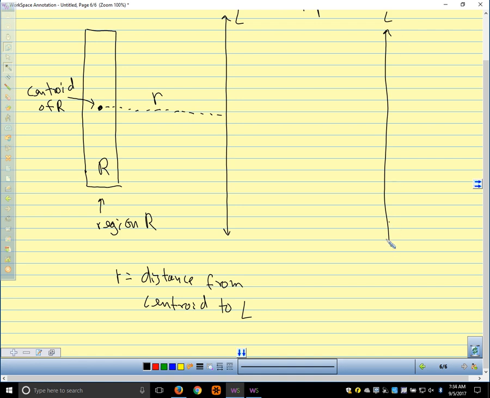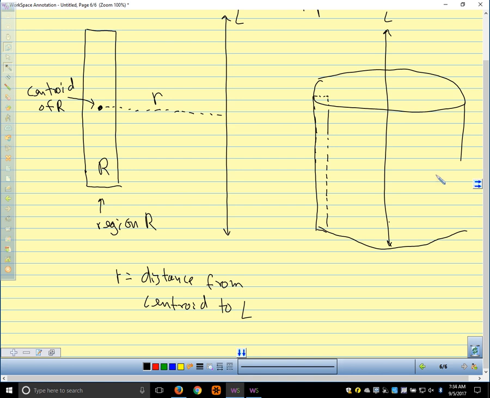There's L. We would get something like this, and there's my region, like so. And we're rotating that about L. So there's my solid.